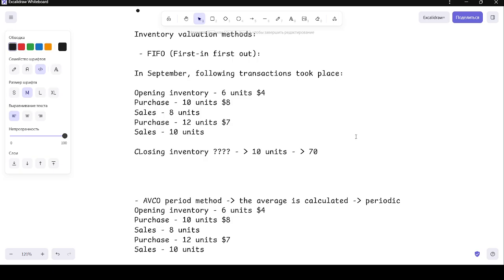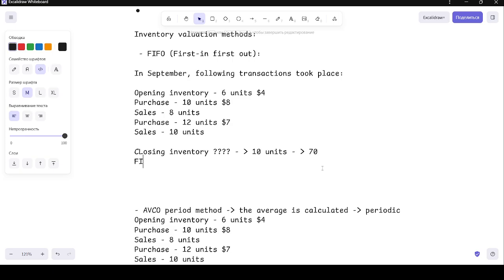This means all of the companies choose the method depending on what they do, for what they are specialized in. And there is also one thing to remember. Always remember that FIFO gives us a higher amount of inventory in times of rising prices.